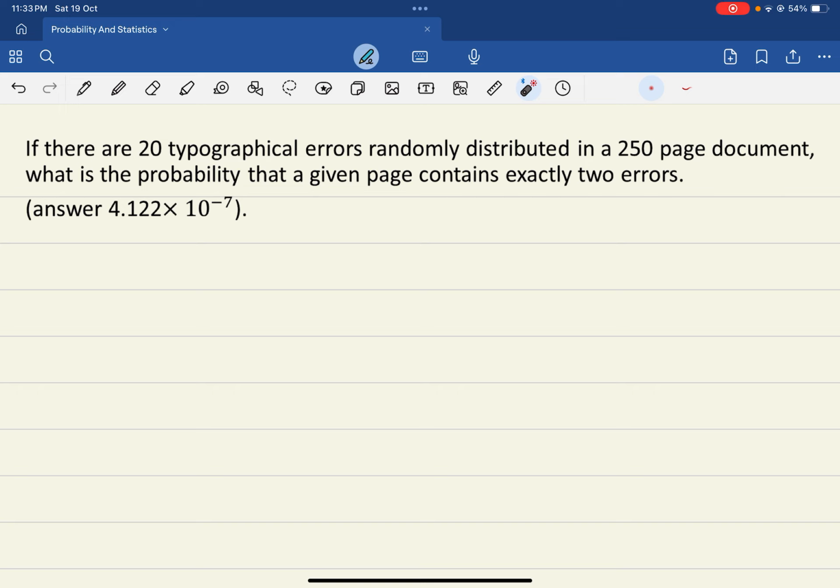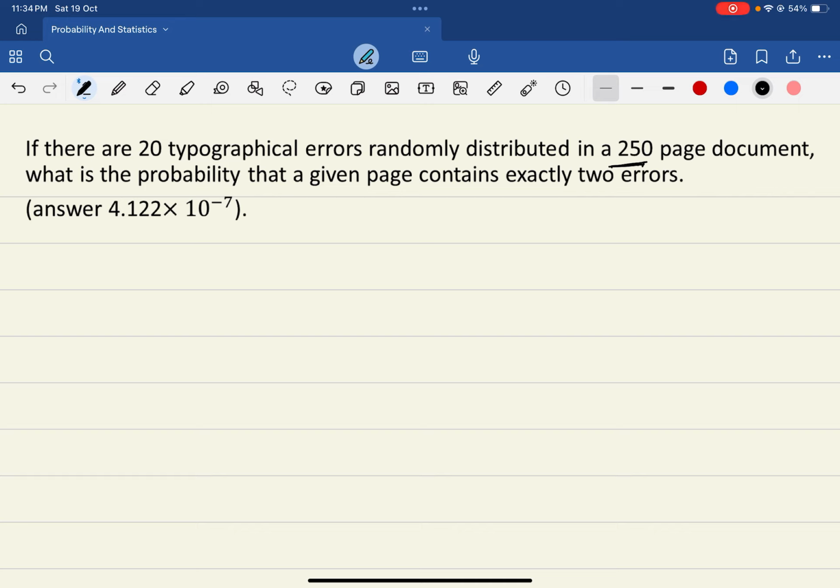Here first of all, which distribution you have to use is not given, like the previous problems. When there are 250 pages, it is very clear that n is 250. When such a big number is there, you can understand that it is Poisson.